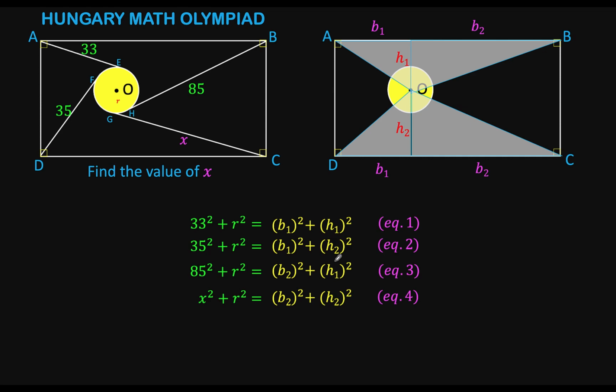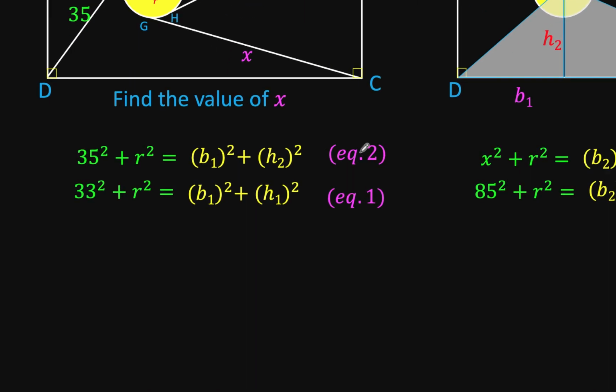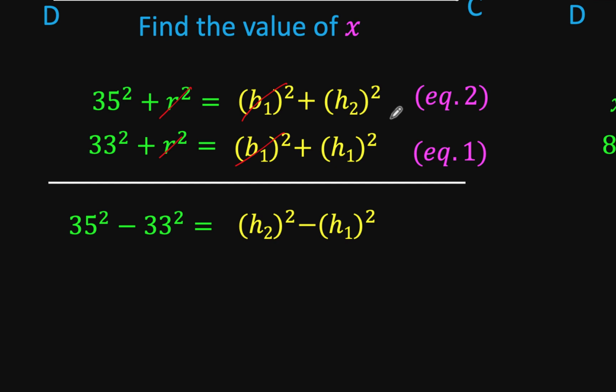But notice that by elimination, we can pair these equations together like this and subtract equations 2 and 1. This r squared and r squared will result to 0. This b sub 1 squared and b sub 1 squared will also result to 0 when subtracted. And so what we have is 35 squared minus 33 squared equals h sub 2 squared minus h sub 1 squared.